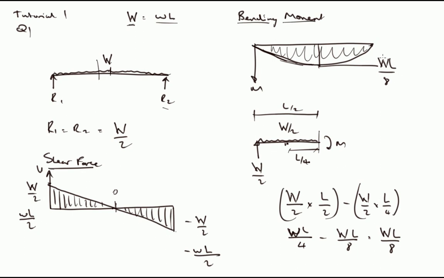And if we were to represent that in terms of the small w, lowercase w, which is the force per unit length, then we would have to multiply that by another length, so we'd have wL squared divided by 8. So you may see that in some texts as the moment is equal to small wL squared on 8, or the moment is equal to the total load multiplied by the length divided by 8, depending on which textbook you look at.